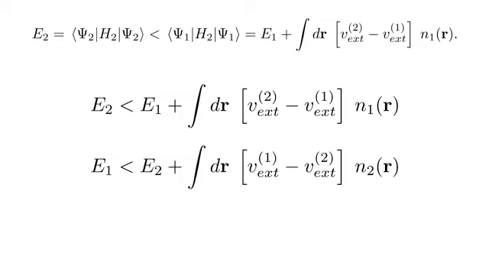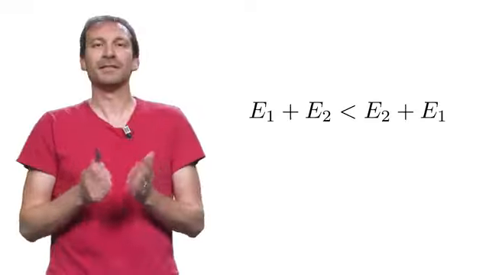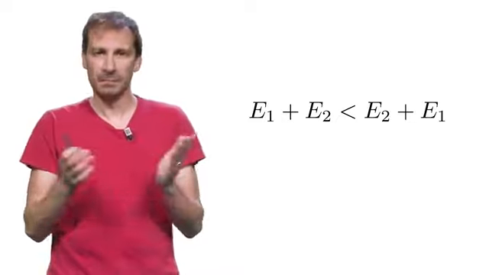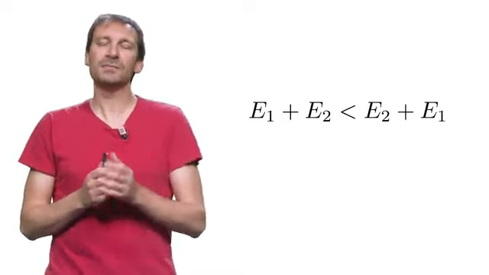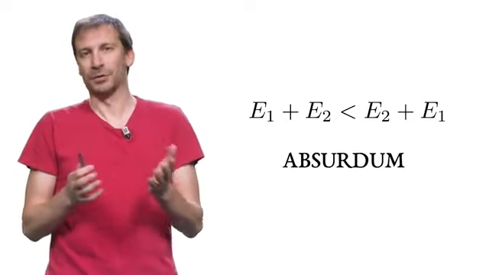Let's put the two inequalities together. And let's apply our initial supposition, that two different external potentials and two different wave functions can give the same electron density, which we call n. If we sum the two inequalities, we obtain that a number, the sum of total energies, is strictly smaller than itself, which is clearly absurd.